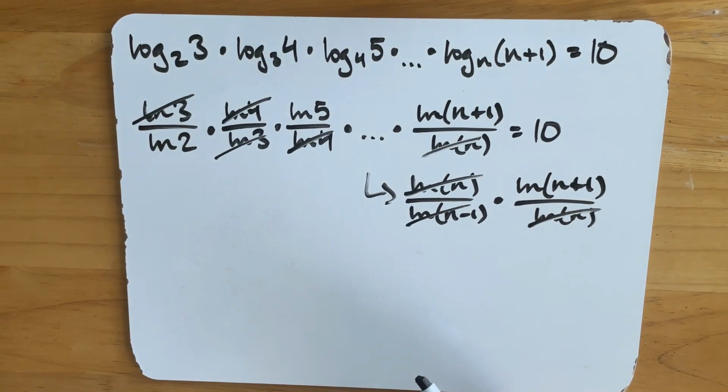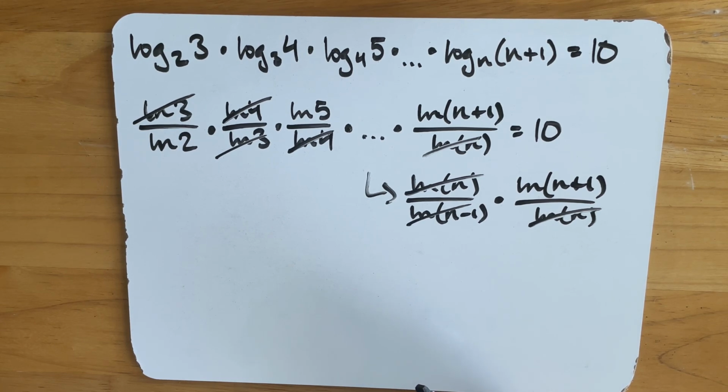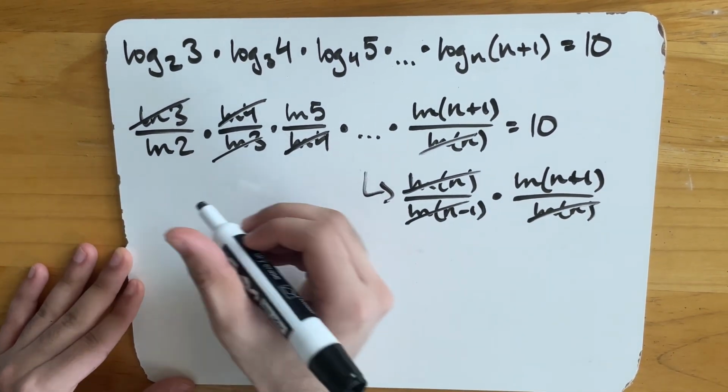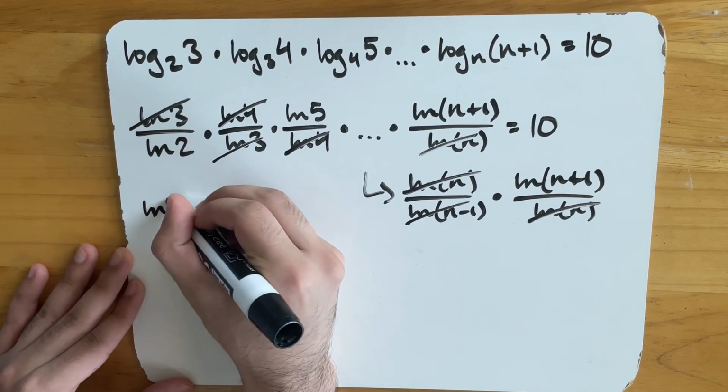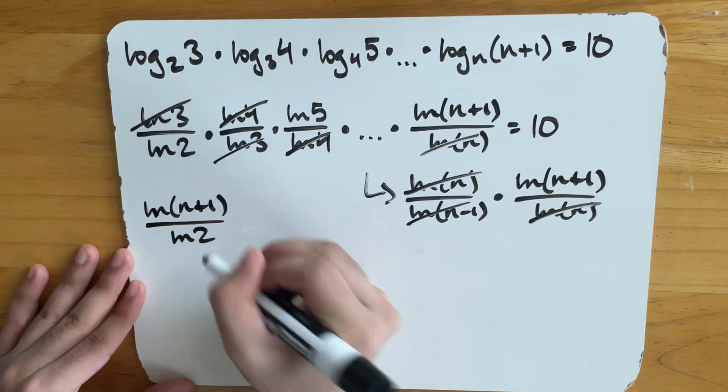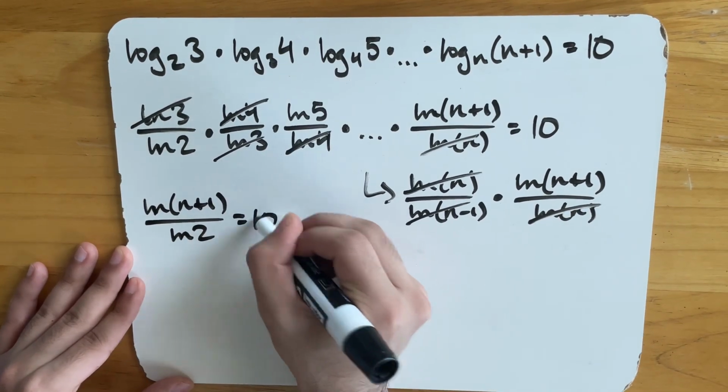I think that was a much better way of explaining it. If you understood my first explanation, good job, because I don't think even I understood that. But overall, because there'll be a bunch of cancellations, we'll end up with natural log of n plus 1 over ln 2, and that's going to be equal to 10.